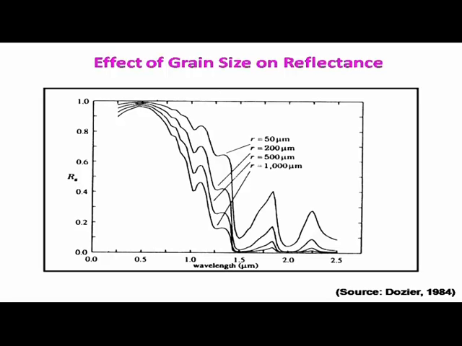As the grain size increases from 50 micrometer to 1000 micrometer, the reflectance decreases in the NIR region as well as in the SWIR region, but in the visible it is least affected by grain size variation. So with grain size variation, the effect comes in the NIR region. Later on I will go into detail on this grain size variation.